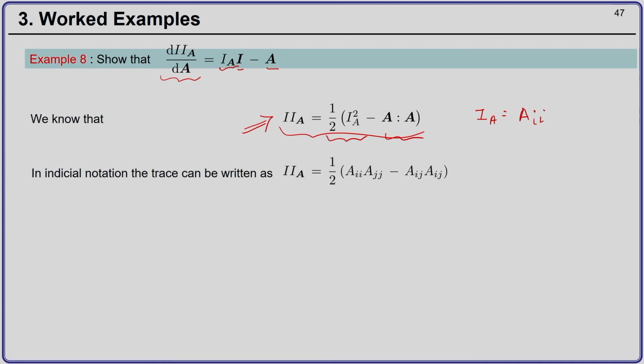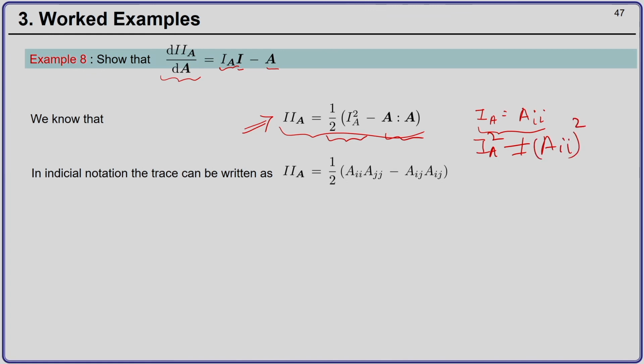From our previous example, we know that the first invariant of a second order tensor can be written as A_ii or A_kk, whatever index you choose. I choose specifically A_ii. Then I_A squared will not be A_ii squared. That will be wrong to write.